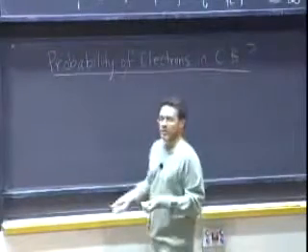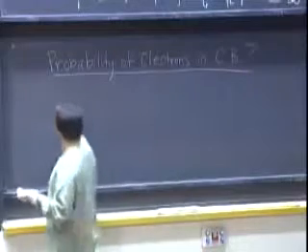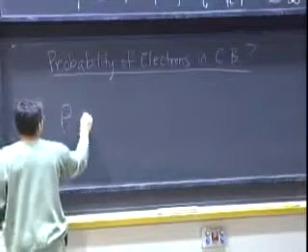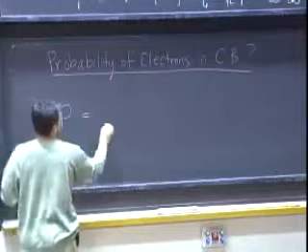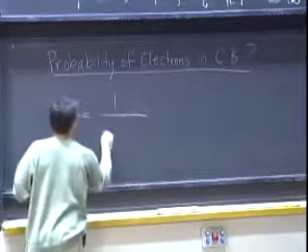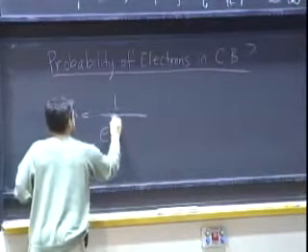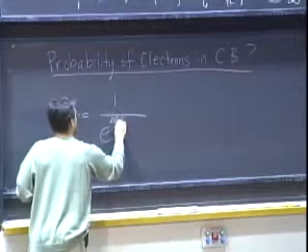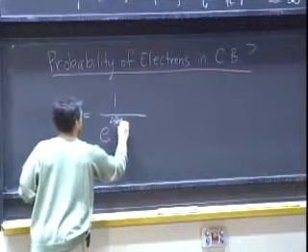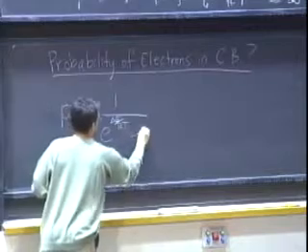And using a Boltzmann distribution, we can write that probability as being related to 1 over e to the delta E over RT plus 1.